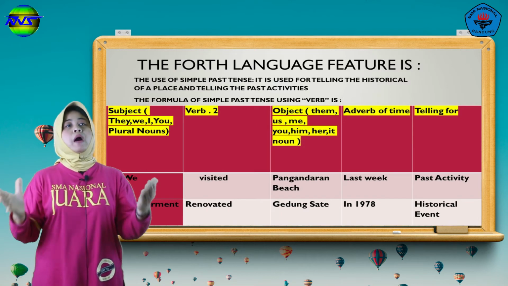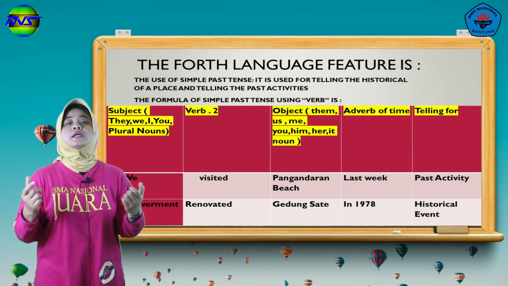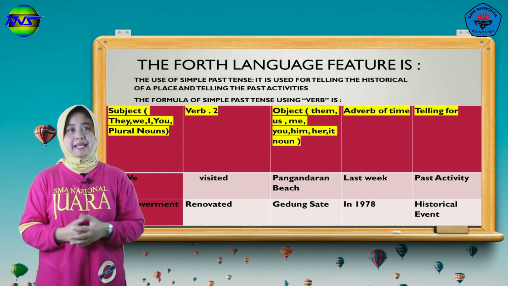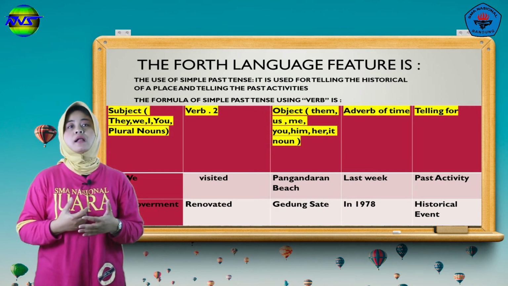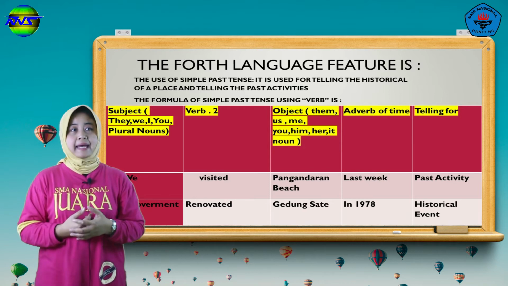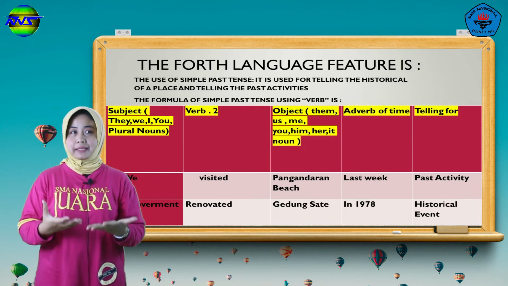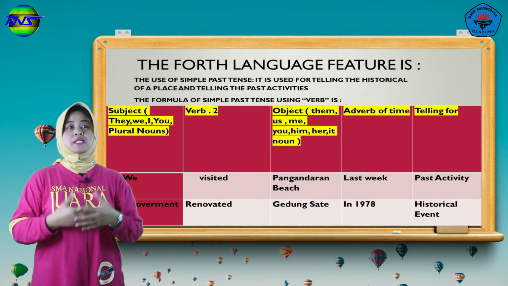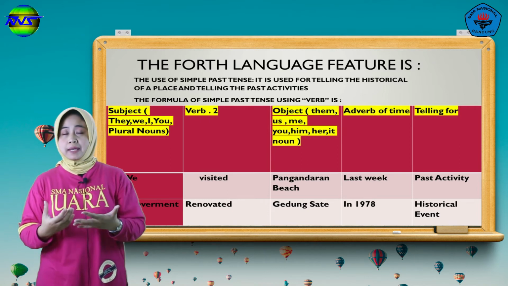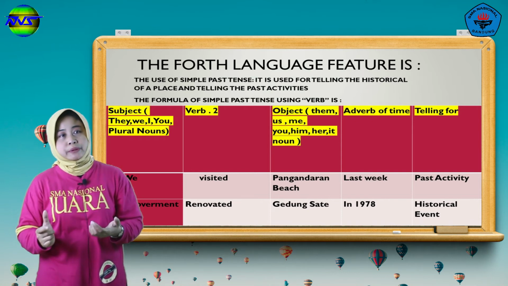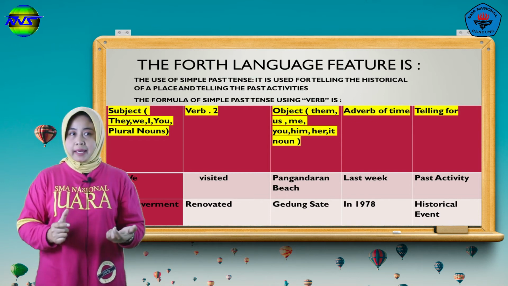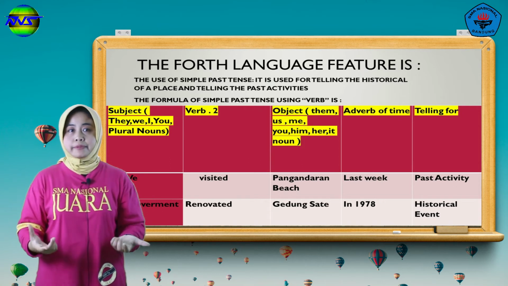Now, the fourth language feature is the use of simple past tense. It is used for telling the history of a place and telling past activities. The formula of simple past tense using verb is subject, followed by verb 2, followed by object, followed by adverb of time.